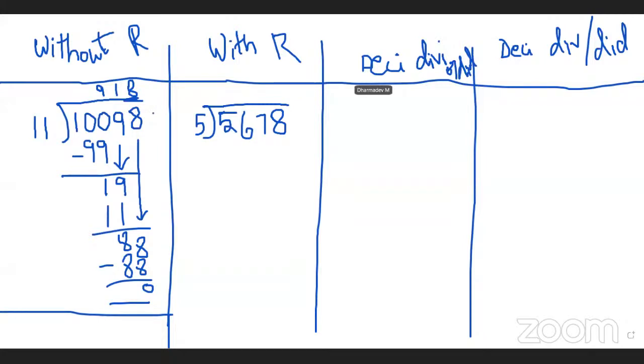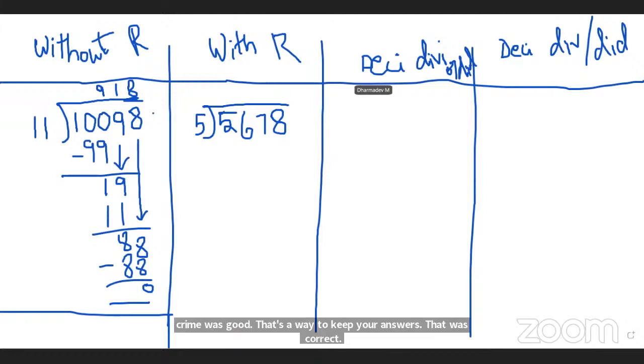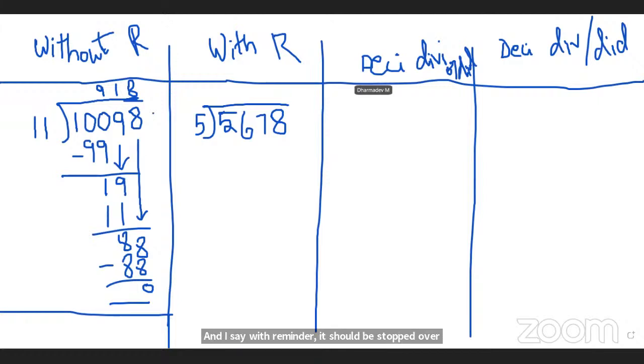Now okay. Solve the value of k. If anyone wants time, let me know. Vikram was good. That's the way to give your answer. That was correct. And I said with remainder, it should be stopped there. If I say with decimal, then you can write 0.6 or anything.